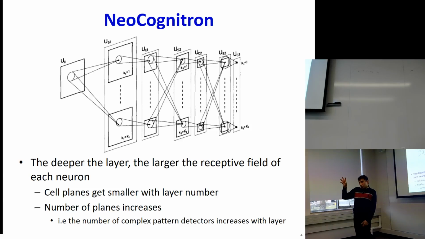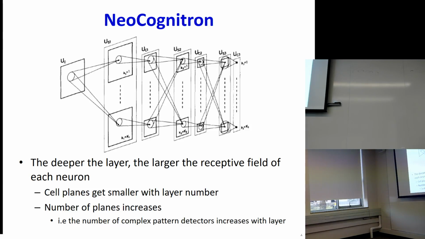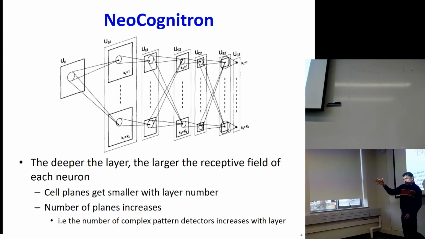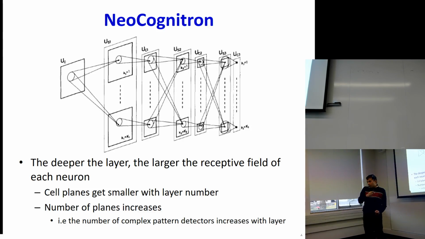Each C plane is actually smaller than the corresponding region in the S plane, which means that any point over here is looking at a region in the C plane, which is looking at a larger region in the S plane, which is looking at an even larger region of the retina. So as you keep going deeper through this network, the receptive field of each neuron on the retina keeps getting larger and larger in this original model.